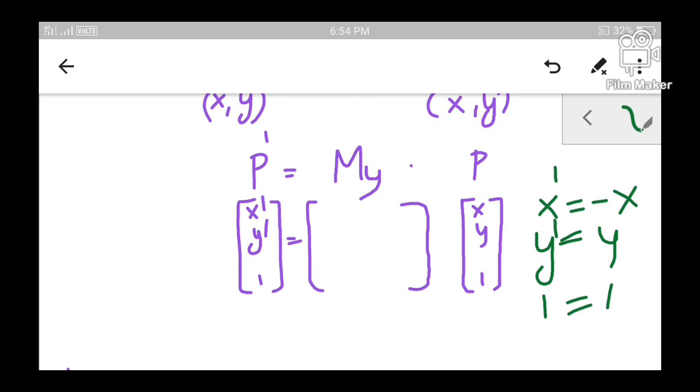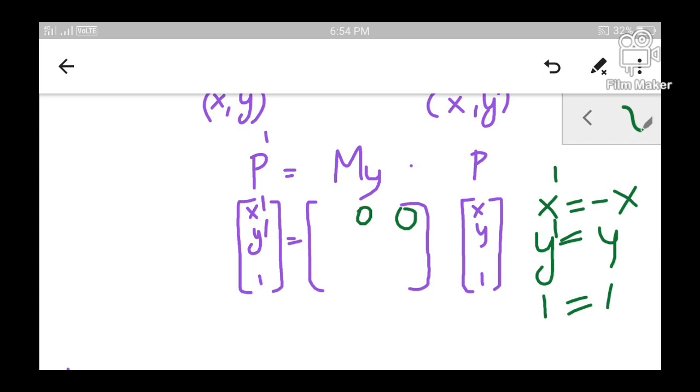Let us see how these equations can be obtained. So the first equation is x dash equal to minus x. To get this equation, I am going to write the first row. First row values should be written in such a way that the equation is x dash equal to minus x, and in this equation there are no values regarding y and the last parameter. So at the positions of y and the last parameter, both values will be written as 0.